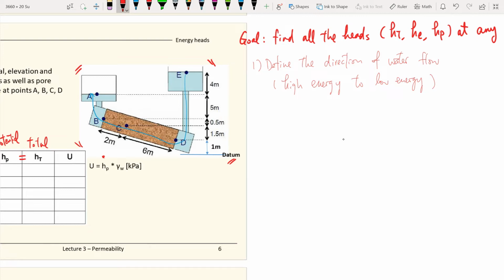The second step is to define the datum. In this case, the datum is defined for us. After we define the datum, we can find the elevation heads.